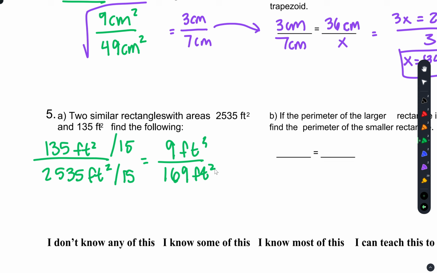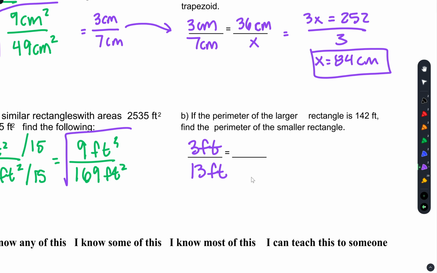And now that both of my numbers are perfect squares, now I can finally square root this. So the square root of 9 is 3. It's going to go right into my proportion. The square root of 169 is 13.